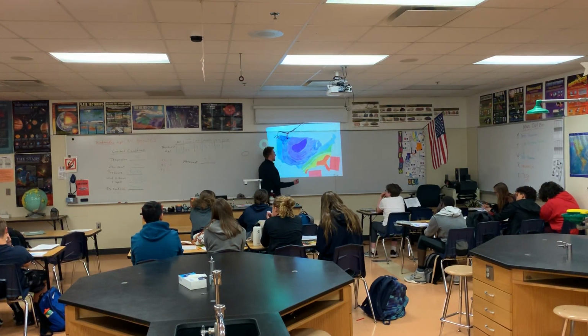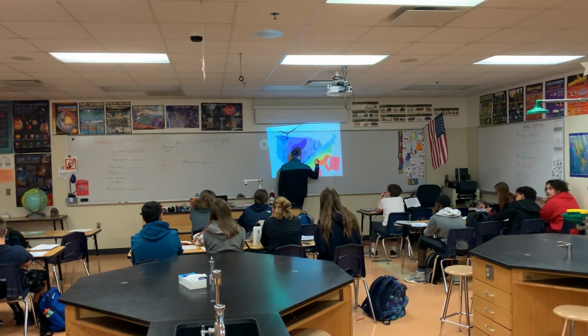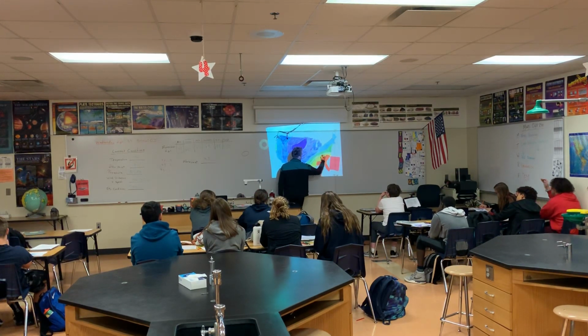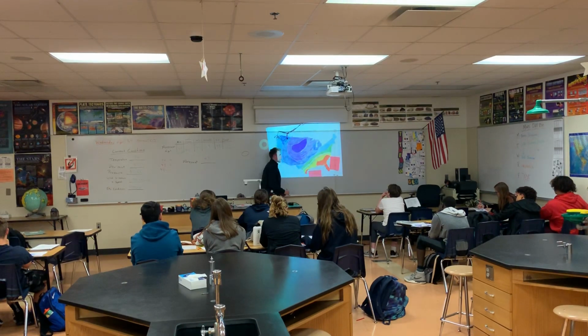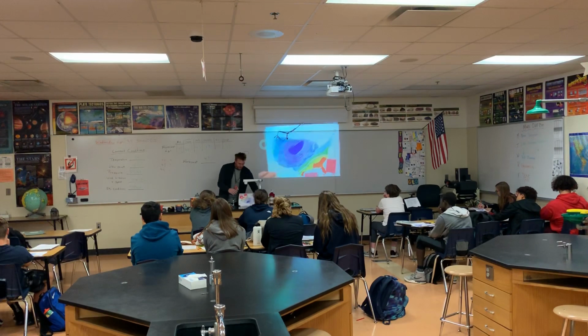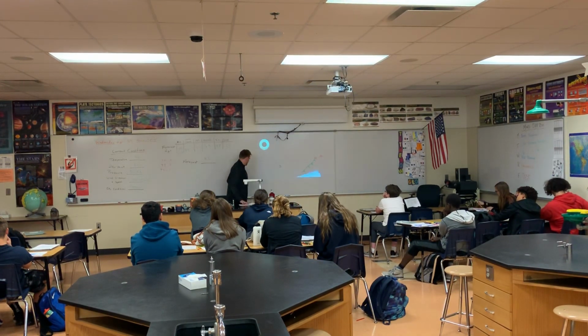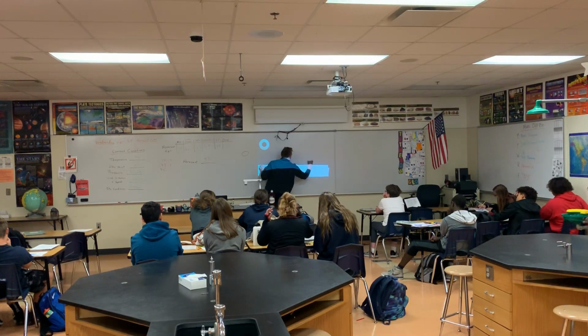Okay, so the warm front's actually over here. Actually, it is this way. And so it has more half circles instead of triangles for warm fronts. So that's where the warm front and the cold front are. And then when you transfer it to the observation map, it should look like this.